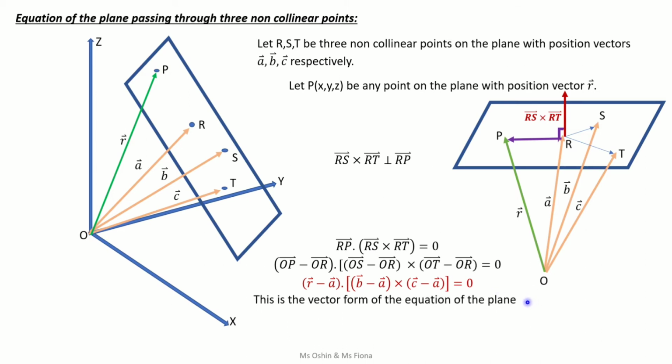In order to find the Cartesian equation, let us write the position vectors A, B, C and r. Let us take the point R as x1, y1, z1. Therefore, the position vector, vector A, will be equal to x1 i cap plus y1 j cap plus z1 k cap.